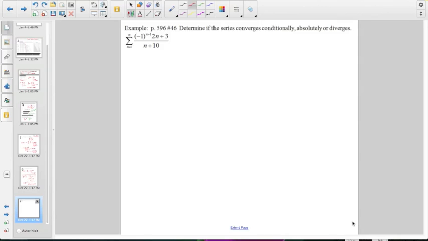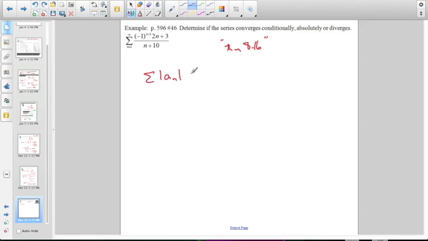Okay, if we take a look at this series, we're getting a little more complicated, but let's again stick with this Theorem 816 and go after the absolute value of the series. So we're looking at 2n plus 3 over n plus 10 as n goes from 1 to infinity. Anytime you start to have expressions like this, you should be looking at finding the limit, doing the nth term test.